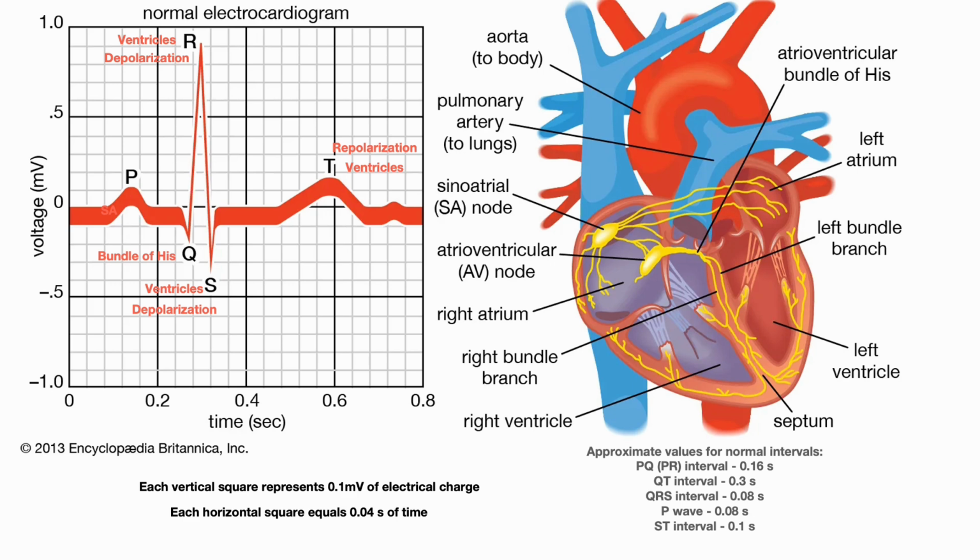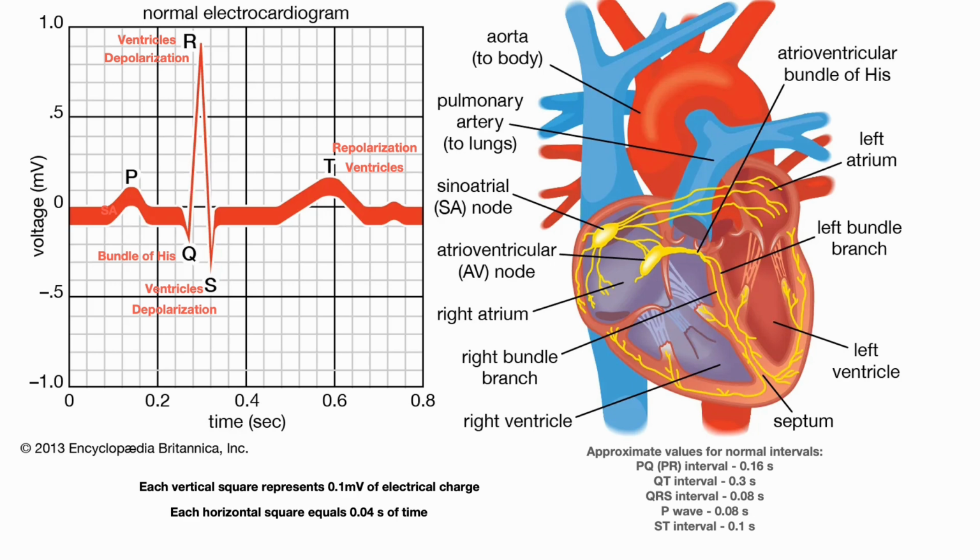The PR interval reflects the normal delay of conduction at the AV node, while the QT interval reflects the critical timing of repolarization of the ventricles, and the ST segment reflects important information about the repolarization of the ventricles.